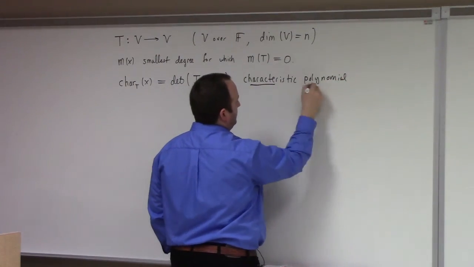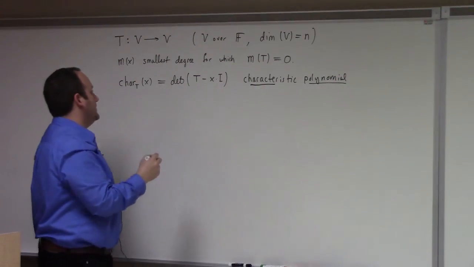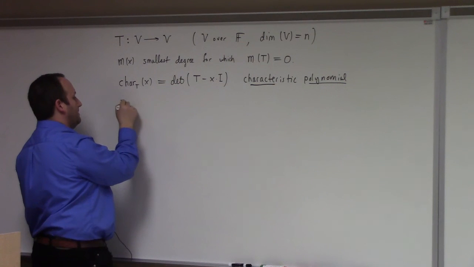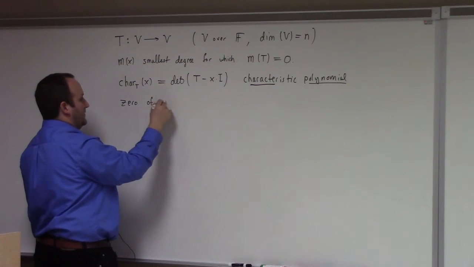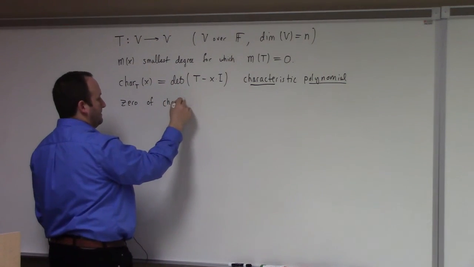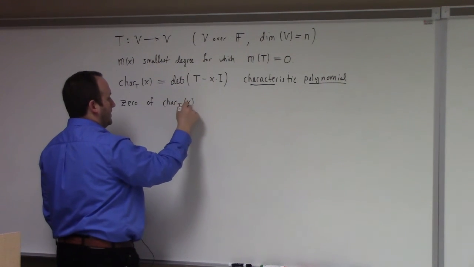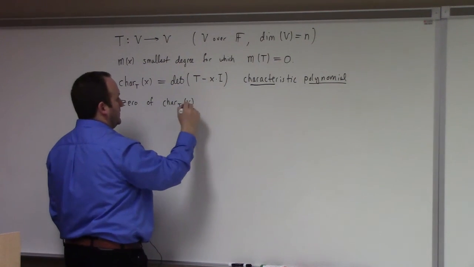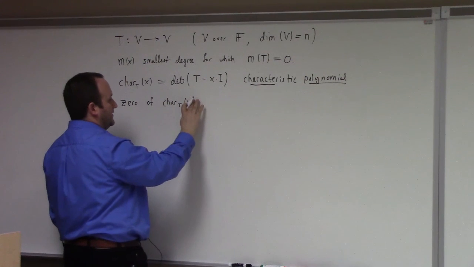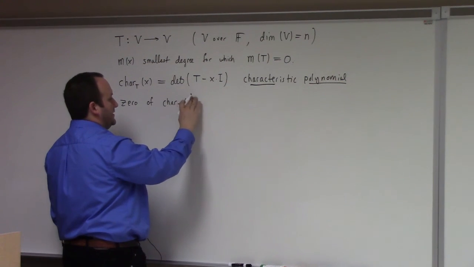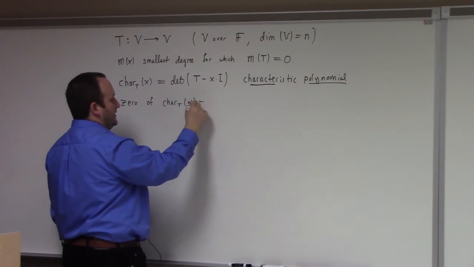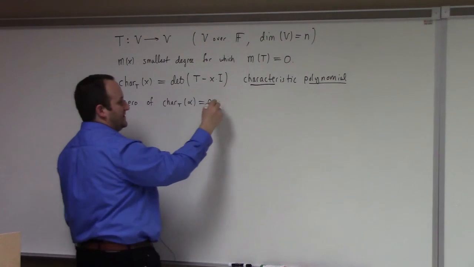And the characteristic polynomial, all right, well, in particular, a 0 of the characteristic polynomial of T, in other words, you're looking for something like char_T of alpha equals 0. Well, that's just another way of saying what?